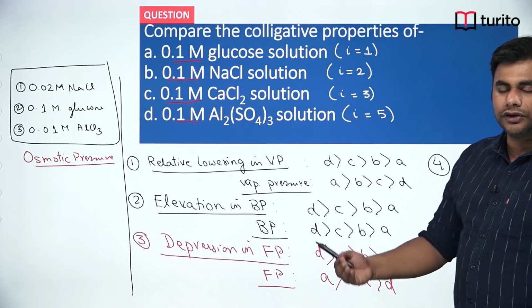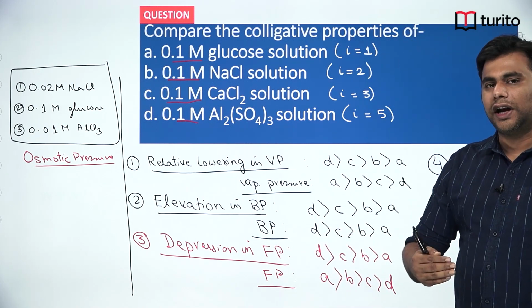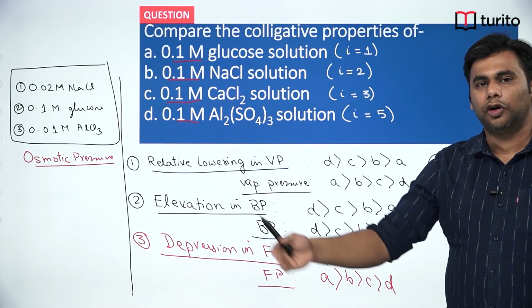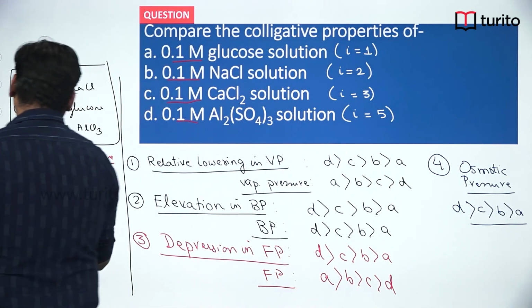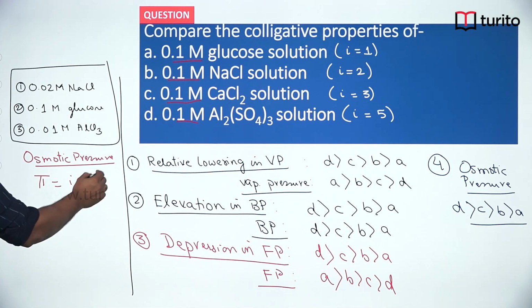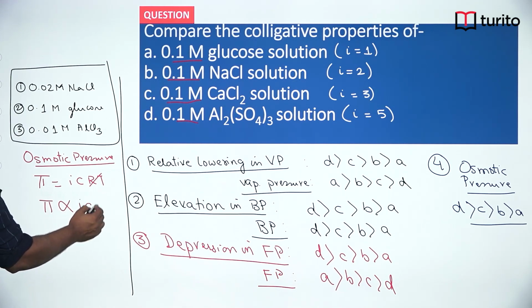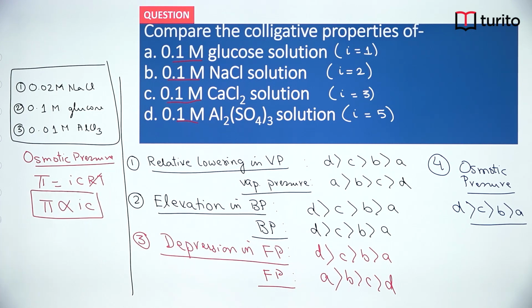Because initial concentration will give us the initial number of particles. So from the initial number of particles you have to see what is the final number of particles. We know that osmotic pressure is i into C into R into T. R and T are constant at a given temperature, R being the gas constant, so osmotic pressure is proportional to i into C, where C is the concentration.